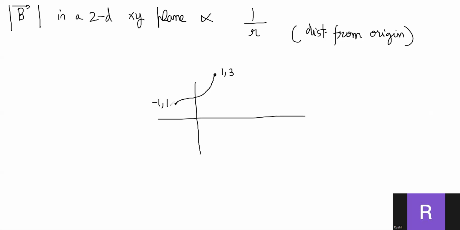This is a wire. What have they said about the wire? Carrying current I. And the magnetic field in this region is inversely proportional to distance and has magnitude B equals K by R. And it is circular, or actually, I should say anti-clockwise.